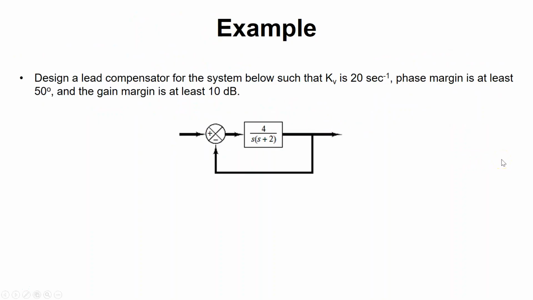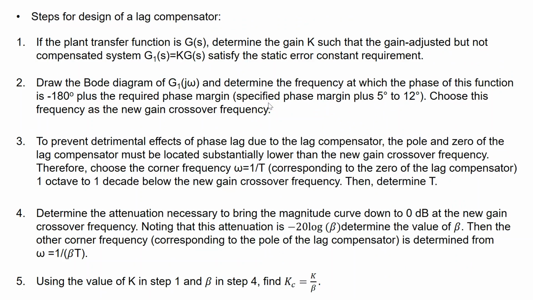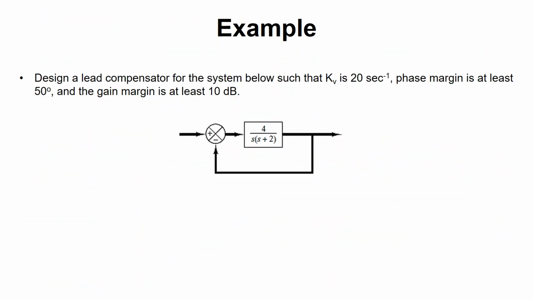first thing you do, so this is G, okay? This is G of S. The first thing you do, you add a compensator. As I said, you have to add a compensator right before G. You call it the lead or lag or whatever compensator.